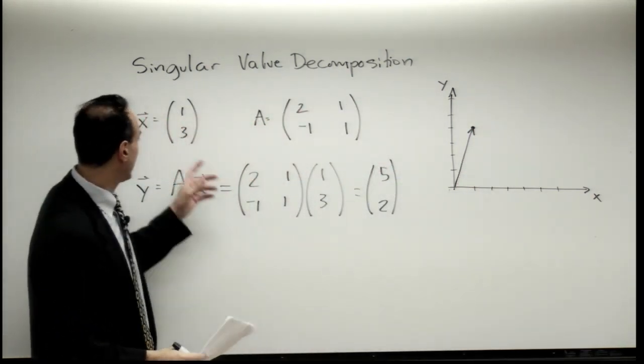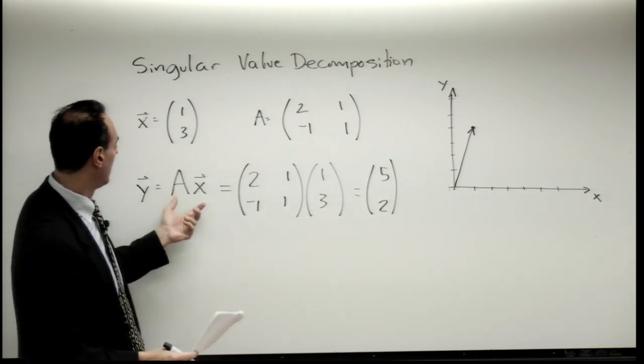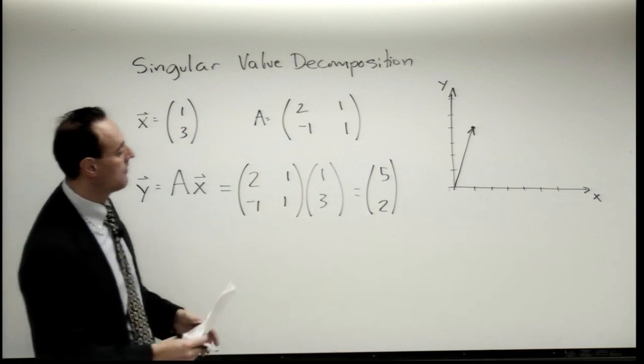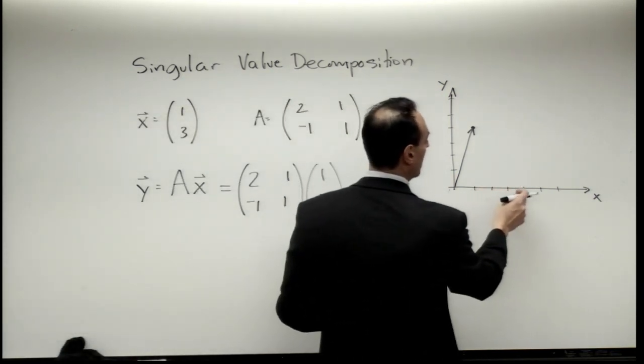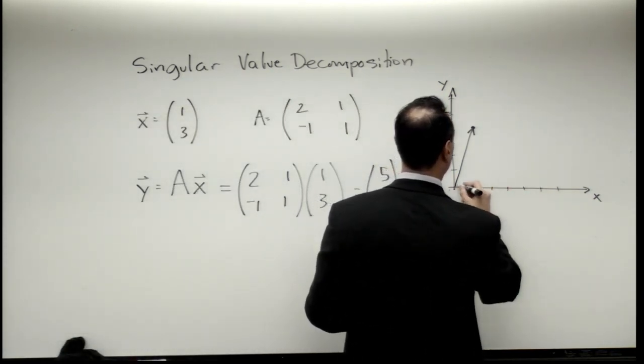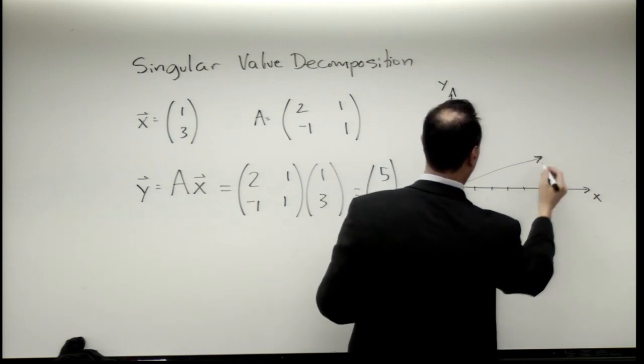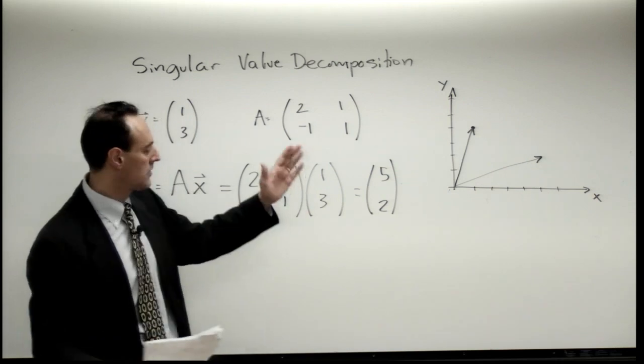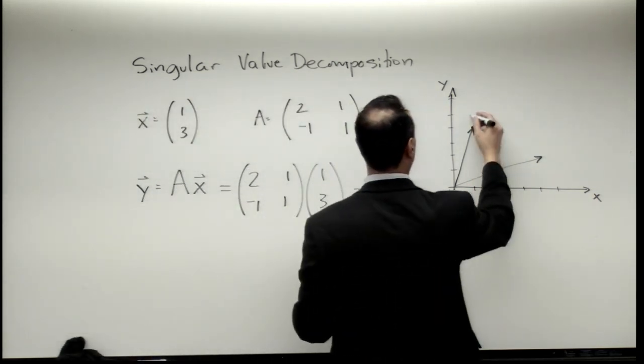And what this matrix A does when you multiply it is it produces a new vector y, which is in the direction 5, 2. 1, 2, 3, 4, 5, 1, 2. Right about there, something like this. So big deal. You transformed one vector to another.